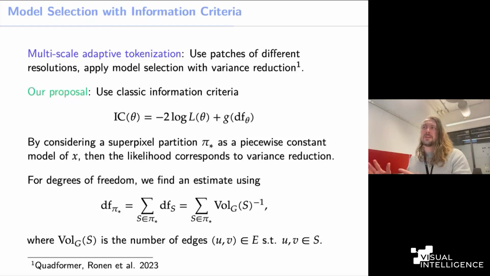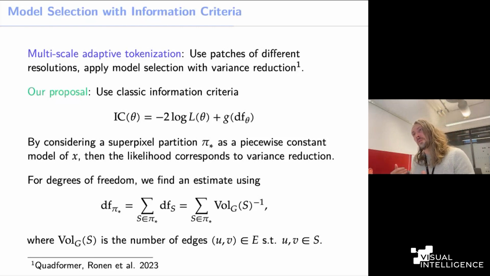Firstly, you have to define a likelihood, but that's not very problematic. We can just consider a superpixel partition as a piecewise constant model of the image X. Then this likelihood more or less corresponds to a variance reduction criterion with some extra constant terms.